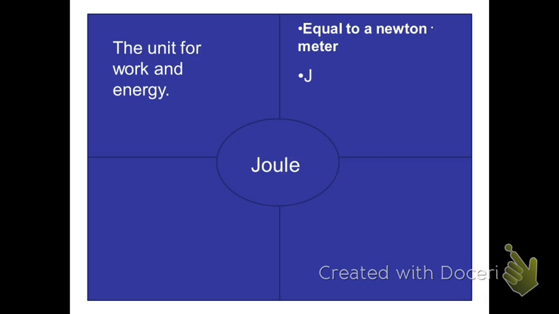It's abbreviated capital J. Why do we use capital letters sometimes? Keaton? It could mean other things. In this case, that's not the reason. Why is Newton capitalized? Good job, Emmett. It's named after a person. This is named after a person also. An example of joule might be you gave an object 25 joules of potential energy.